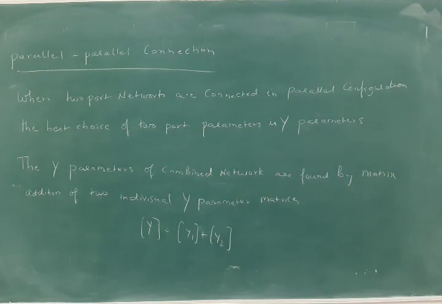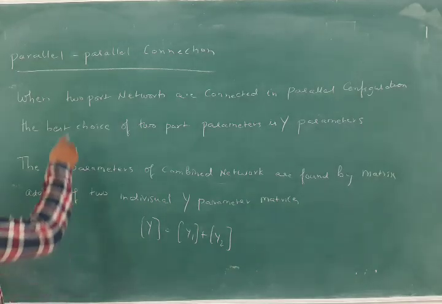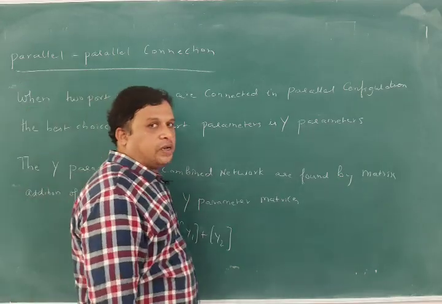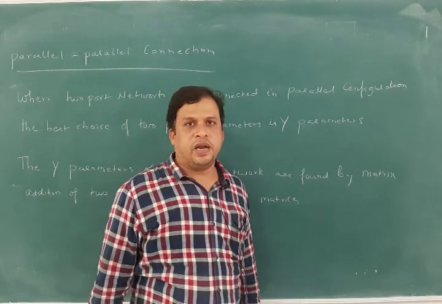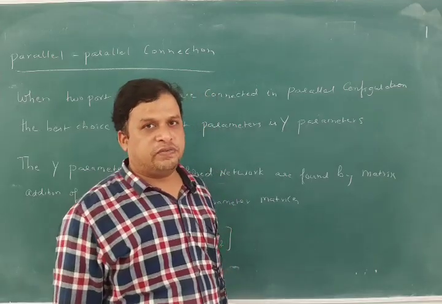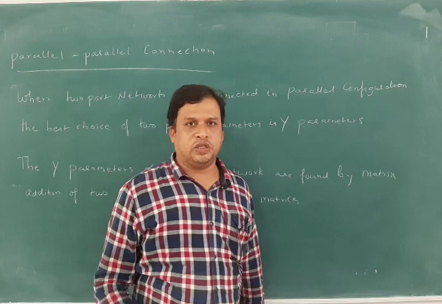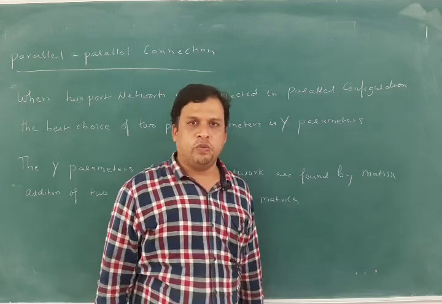So students, now we will see about the parallel connection of two port networks. When two port networks are connected in parallel, they have to satisfy some rules also. If they are not satisfying those rules, then the parallel connection may not be possible.